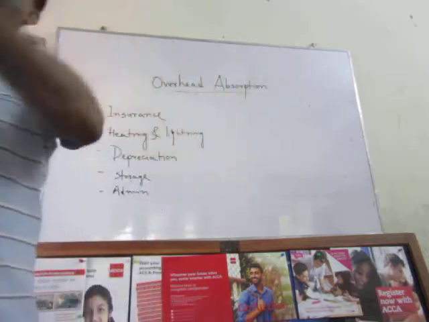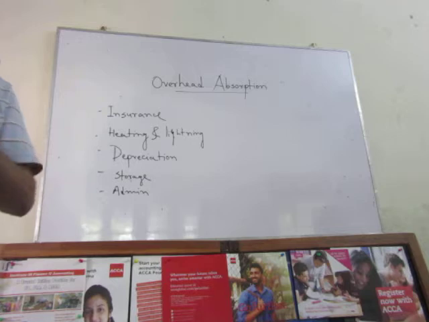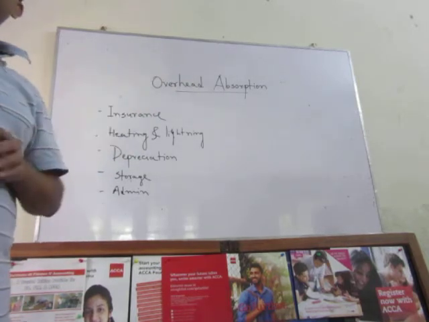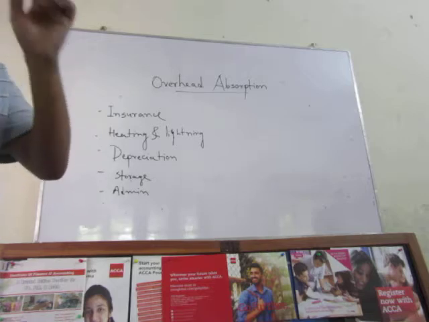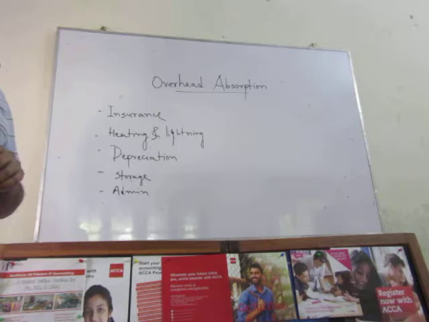Overhead absorption is a process of calculating cost, but through overhead absorption costing we try to find out the fair portion of indirect cost that should be charged to each individual unit.